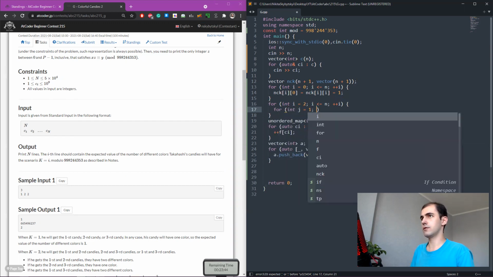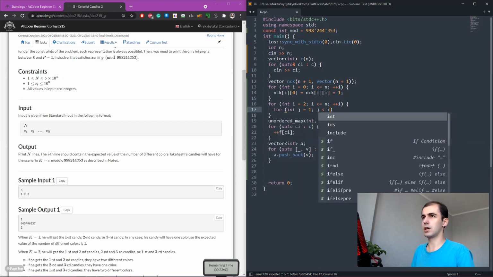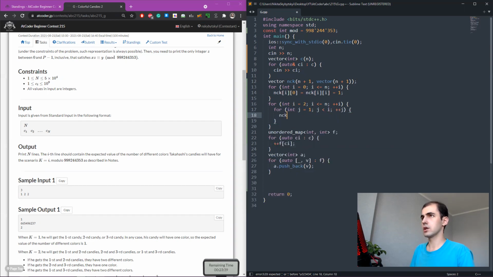Go for j from 1 to i not inclusive, and n choose k from i choose j gets n choose k from i minus 1, j minus 1 plus n choose k from i minus 1, j. This value gets modded.